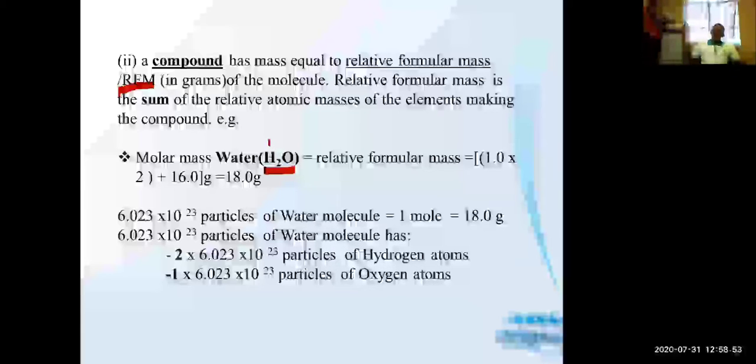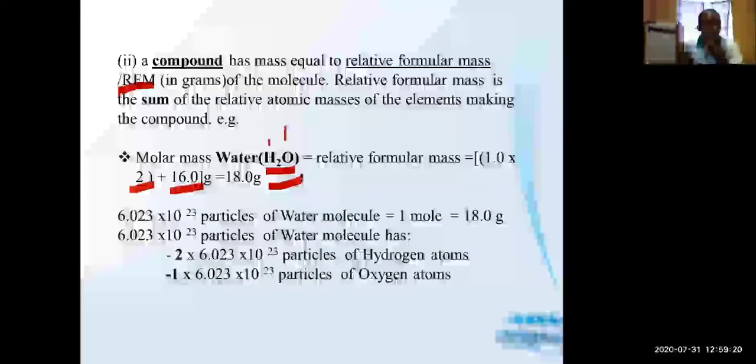If we check this side, you will realize that hydrogen has a relative atomic mass of 1. Here there are two, so you multiply 1 times 2 and you get 2. And oxygen has a relative atomic mass of 16. So if you add 2 plus 16, you get 18. So water has a relative formula mass of 18.